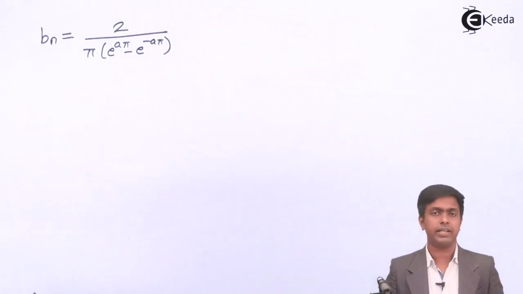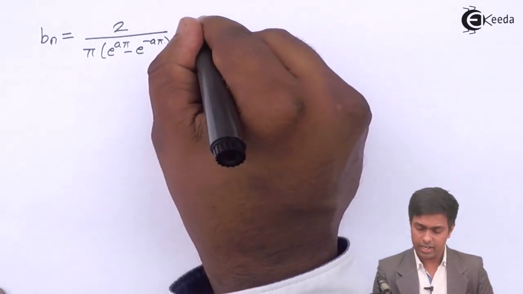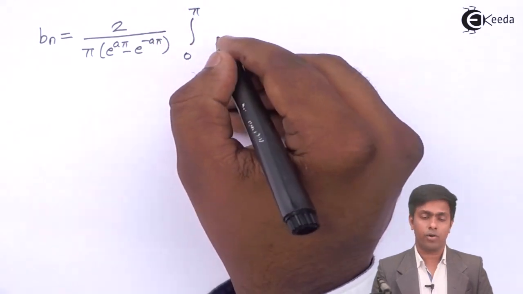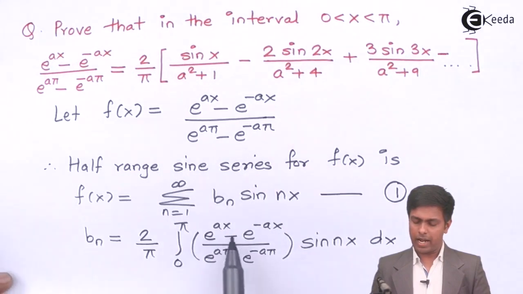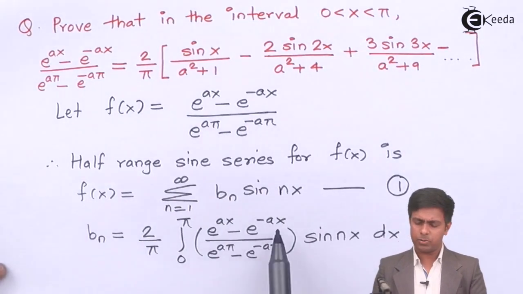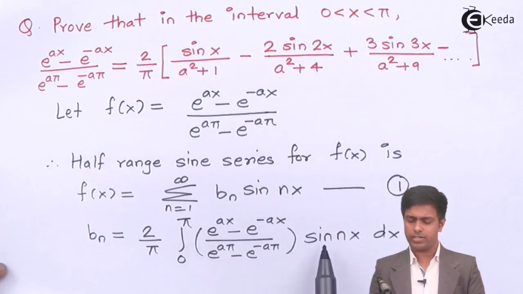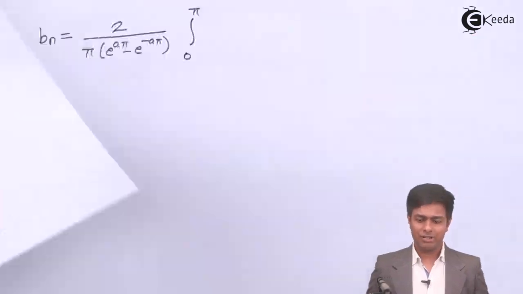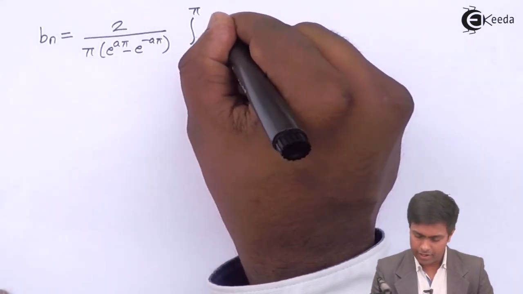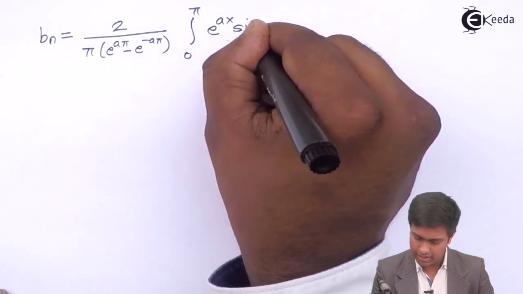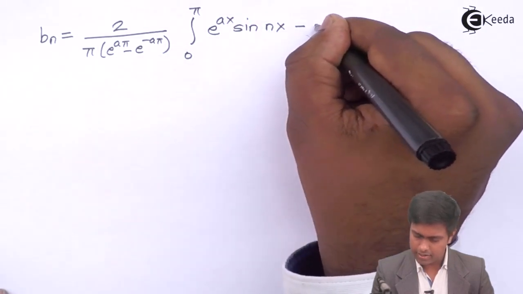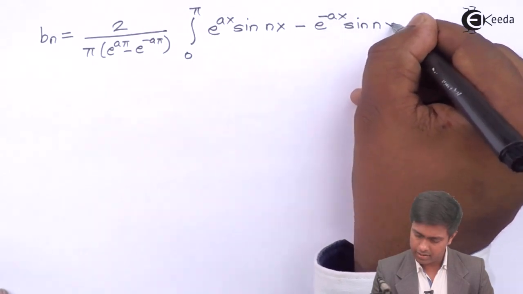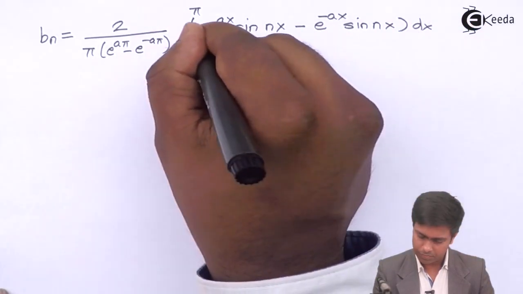Inside the integration, from 0 to pi, we get this bracket into sine nx. So let's multiply this bracket with sine nx. We get e raised to ax into sine nx minus e raised to minus ax into sine nx dx.